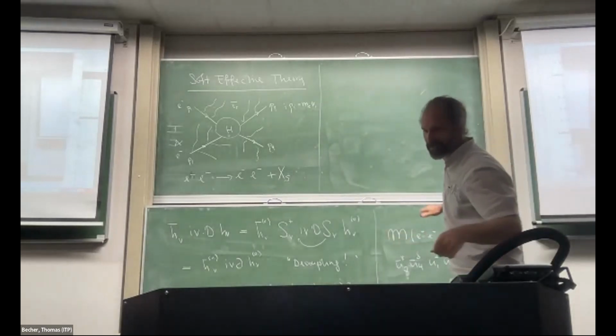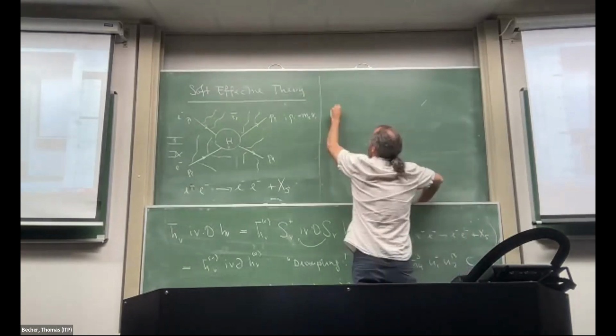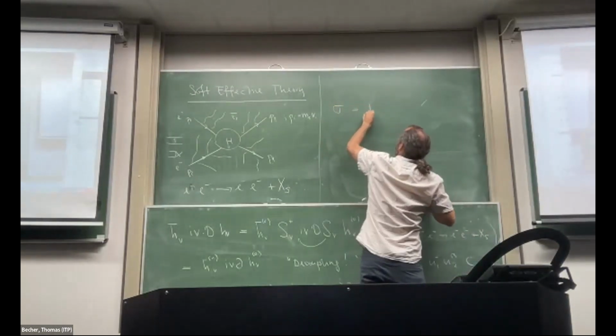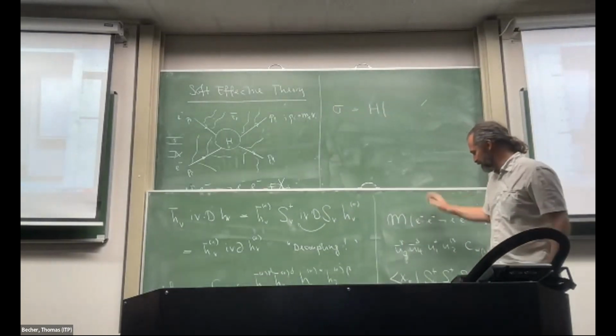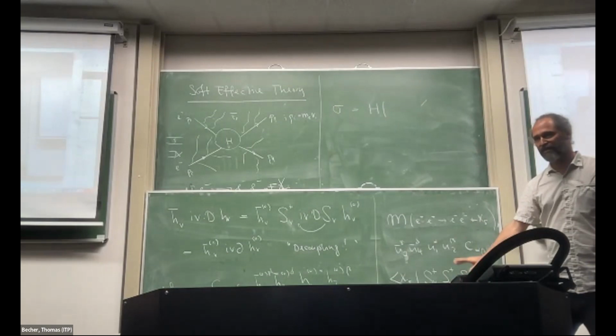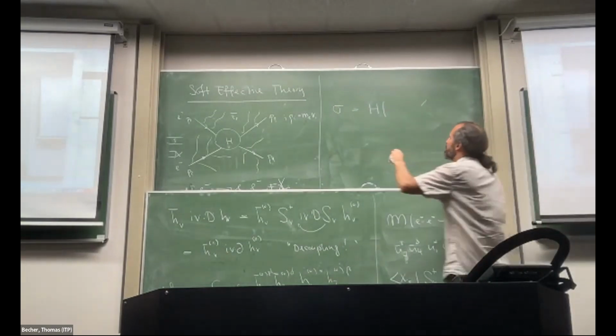So if I have the cross section, sigma, this is now given by a hard function. A hard function is the square of this electron-electron scattering with phase space and 1/2s.